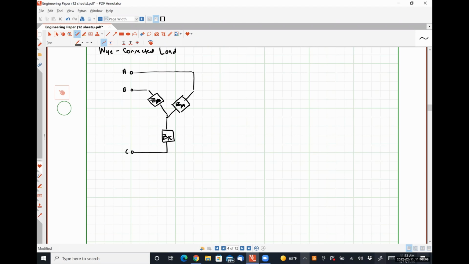If they are equal, we have a balanced load. Let's identify our phase voltages, line voltages, and phase currents. Oh, actually, the alternative way to draw this, I should introduce that. We do have the possibility of a neutral conductor, so I'll put that guy in there. It would be something like this.